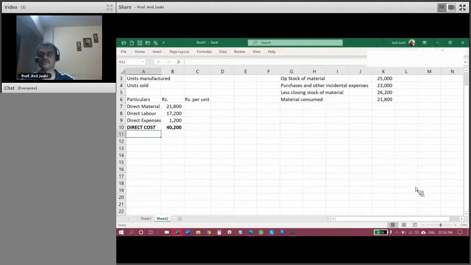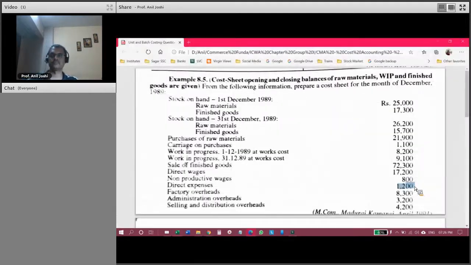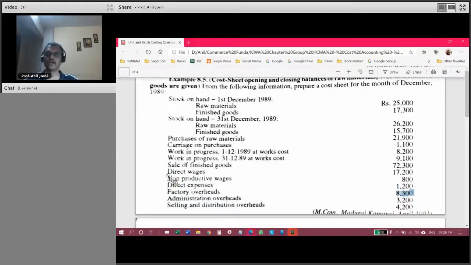Now to the direct cost, add factory overheads. And what are the factory overheads? 8,300. And these non-productive wages, that means these are your support salaries in the factory.